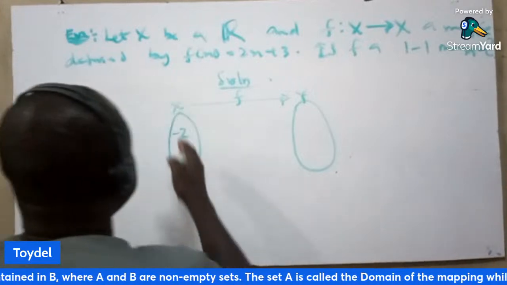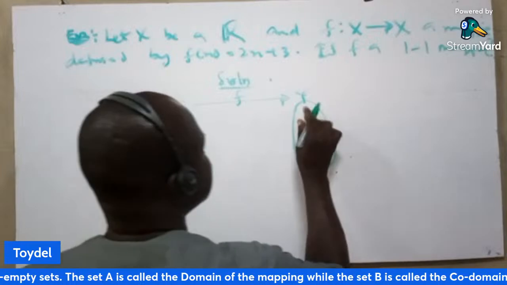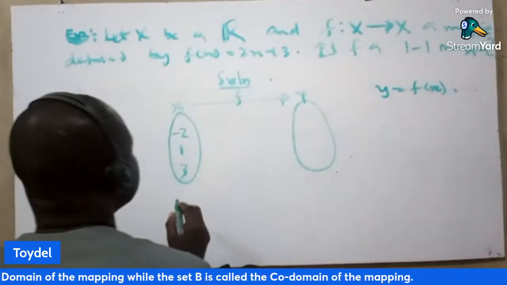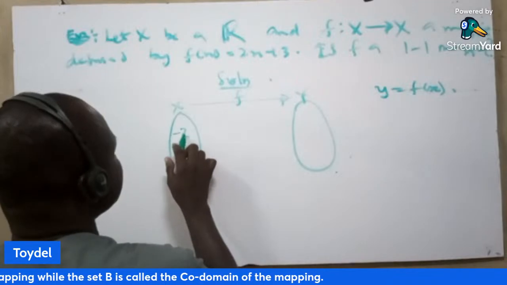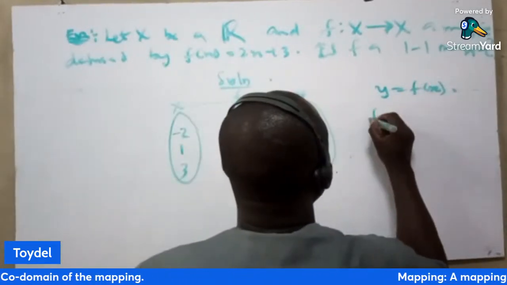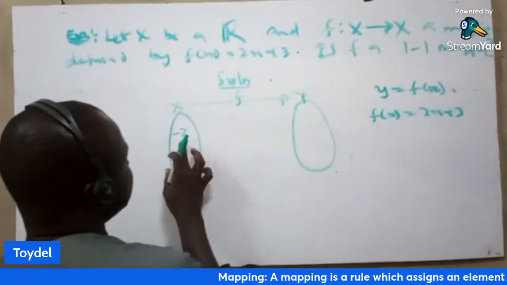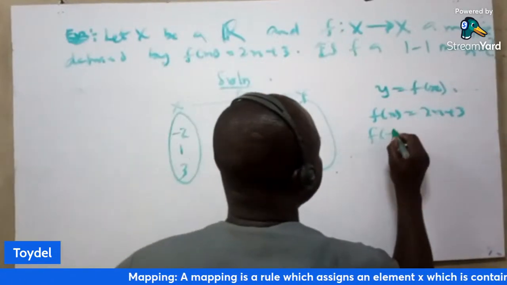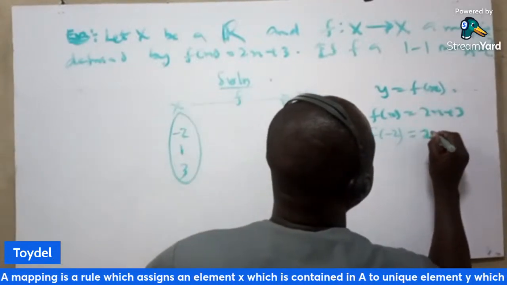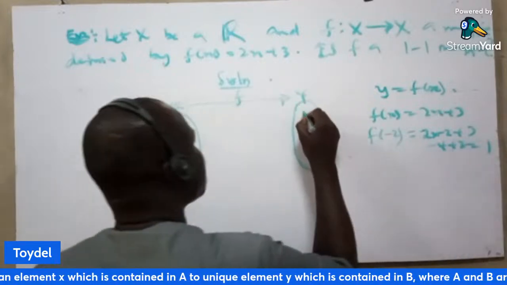If I have this element -2, what is my f of x, which is the image here? f of x is equal to 2x plus 3. So if my x is -2, f of -2 will be the image at the y. That will be 2 times -2 plus 3, -4 plus 3, that's -1.